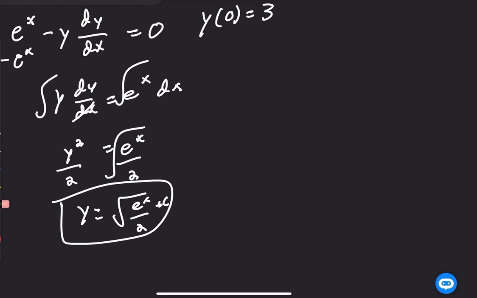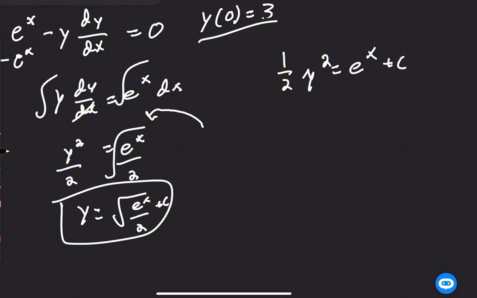Now that we have our general solution, we've got to plug in this up here. Now, it might be easier just to use the equation over here, our original one, where it was 1/2 y squared equals e to the x plus c, because then we don't have to deal with tricky square roots of 1/2 and all that.